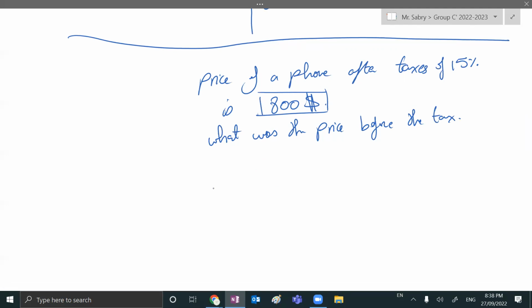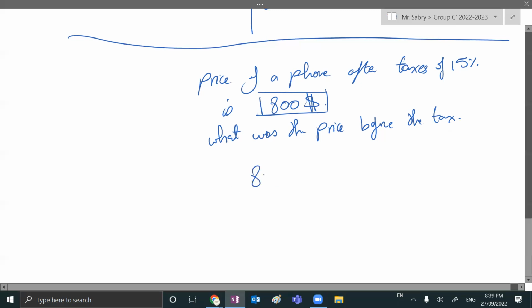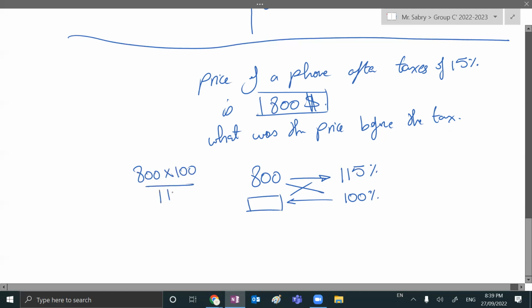It's the price after I've already added the taxes. So it's the full price with an added 15%. If I needed to know what was the price before the addition, that means I need to know what was the 100% before the addition. And I'll do a cross multiply to get the exact amount of money that was there. So I should do 800 multiplied by 100 divided by 150.